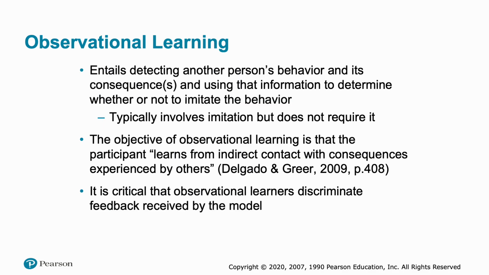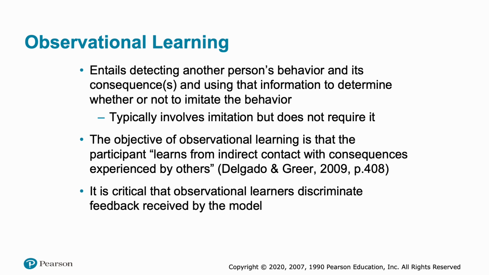Okay, now let's discuss observational learning. Observational learning is a way for us to acquire a skill or to learn from our environment without directly experiencing the consequences or the contingencies at play. So this is pretty much where we observe another person engage in behavior.